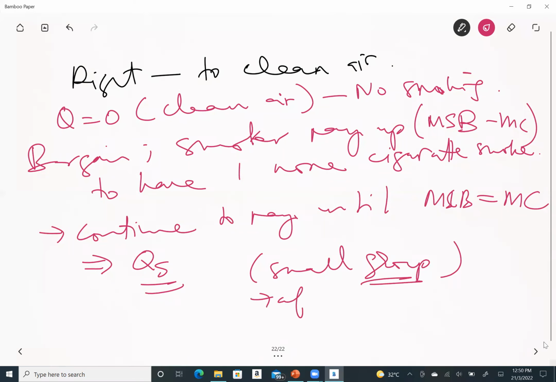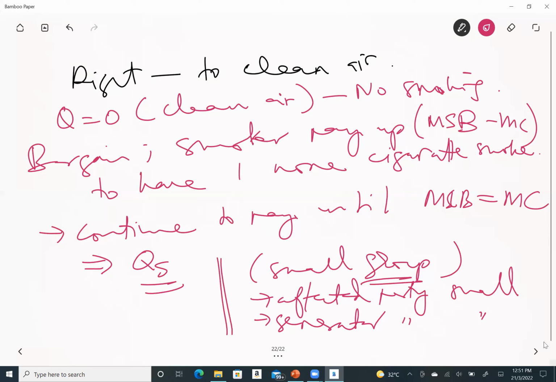The affected party is small, and the generator of the facility is also small. So you have a small group, and you can bargain. But as the group becomes bigger, the group that is affected becomes bigger, involving thousands of people, and the generator of the externality is also big, like a big factory, the Coase theorem is difficult to work.